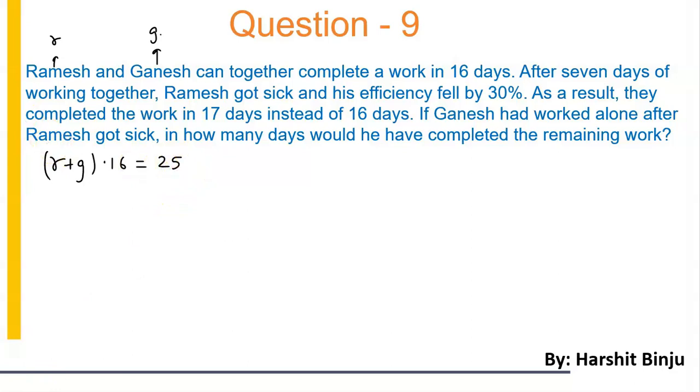No, my bad. It's not 16 square plus 1, it's 16 into 17. So that is 16 square, which is 256, plus another 16, which is 272. My bad. So we'll take the total work to be 272, which means Ramesh and Ganesh in a day are basically doing 17 units of work.